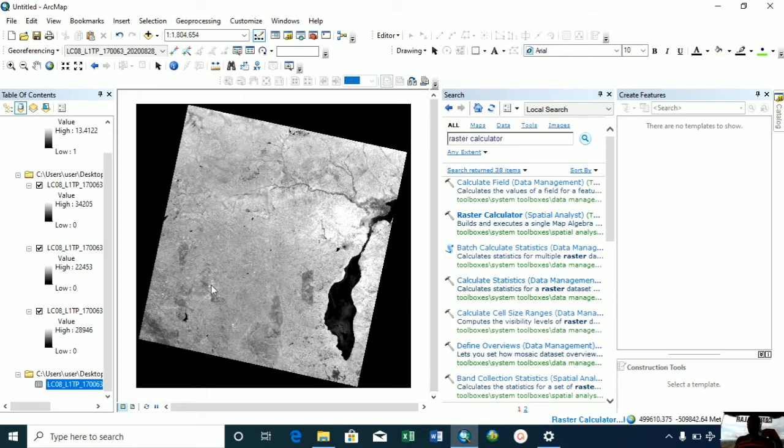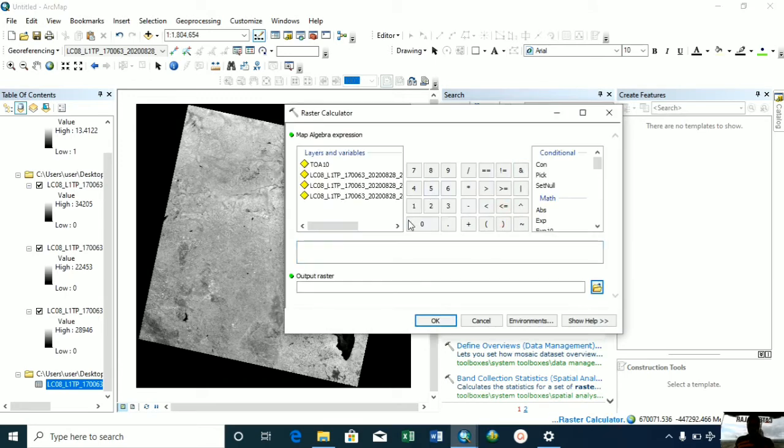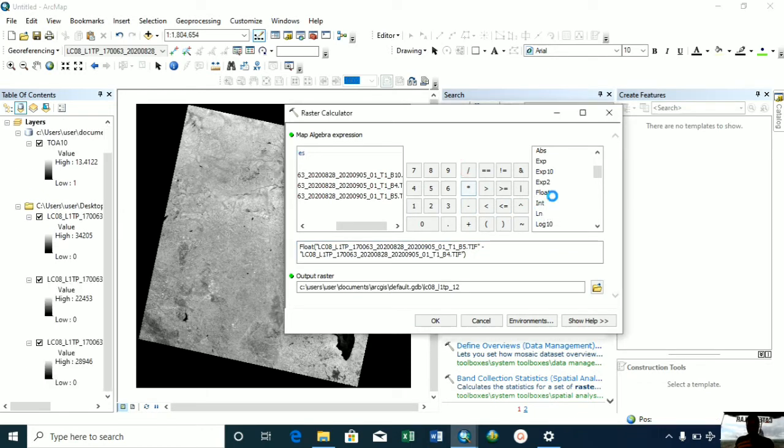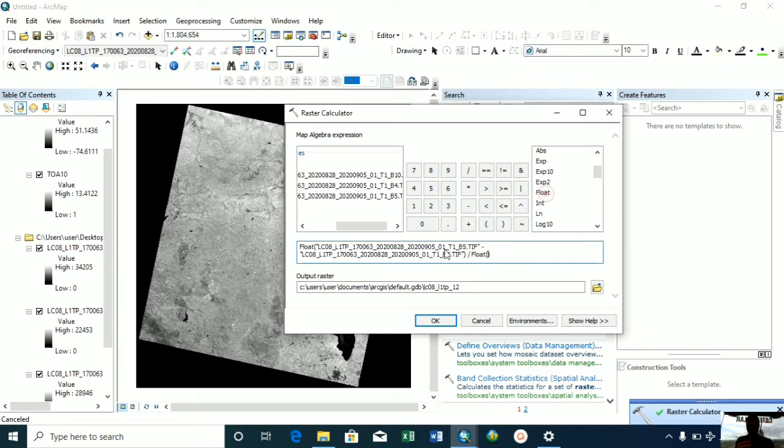So here you will go to your raster calculator again and write float, band number 5 minus band number 4, divided by float, band number 5 plus band number 4.